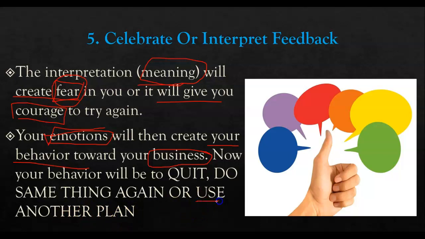Now the better option is, if the business does not work out for the first time, what you have to do is to use another plan, a proven plan, a proven recipe. And then when you use a proven recipe, there is no way you are not going to succeed.